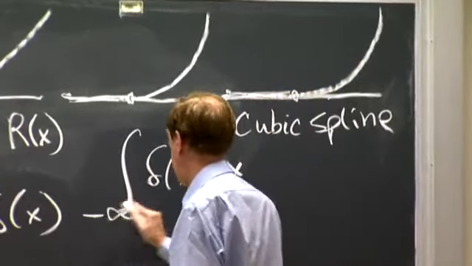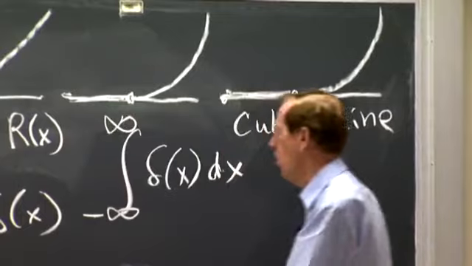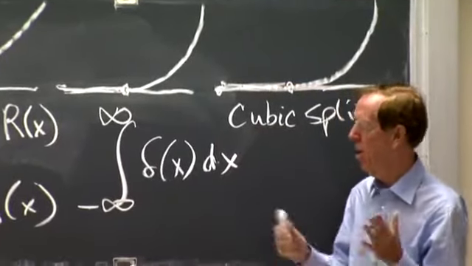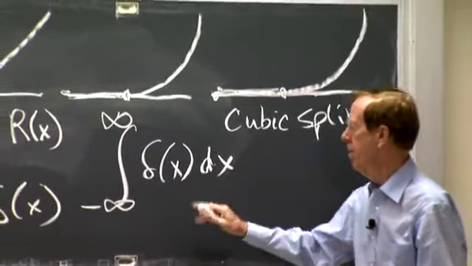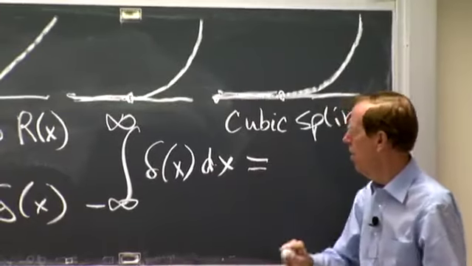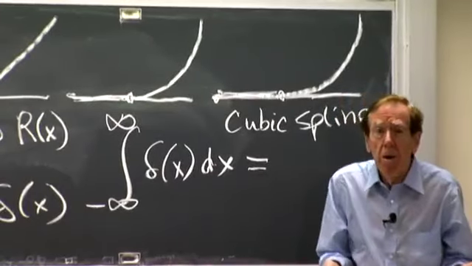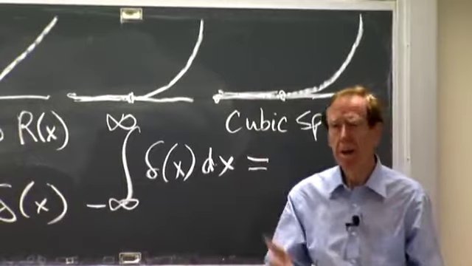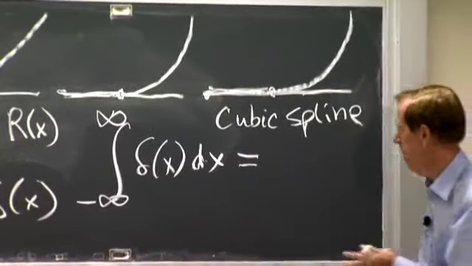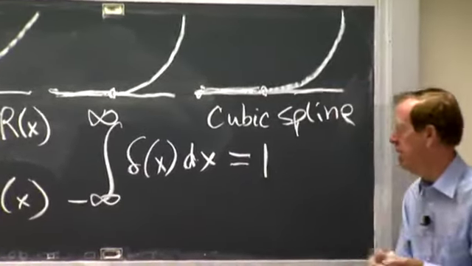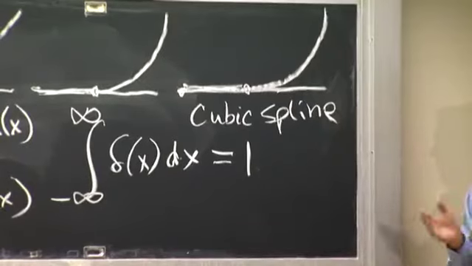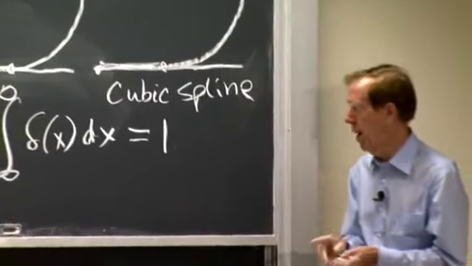We can safely start way at the far left and go way to the far right, because it's 0 all the time there, except at one point. And so what's the area under that spike? It is 1. That's right. So that's the sort of central fact about a delta function, that the area is 1.